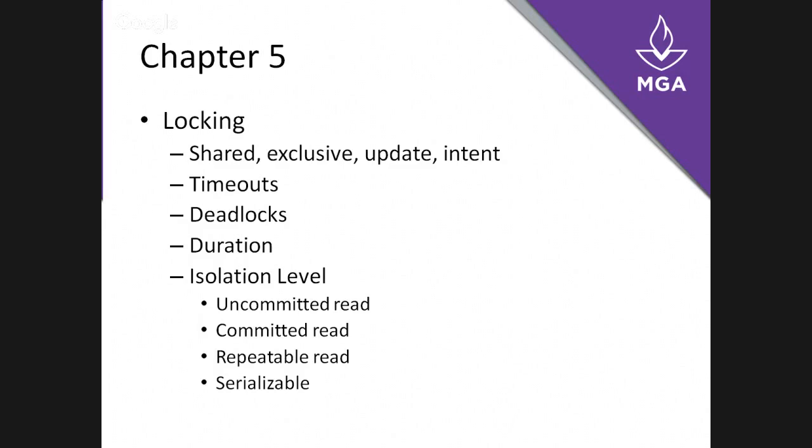Well, he's going to have to wait. That's where the locking comes in. This can happen on a table level. It can happen on a row level. It all depends on what needs to be reserved by a certain user as they're updating data, inserting data, deleting data, so on and so forth.